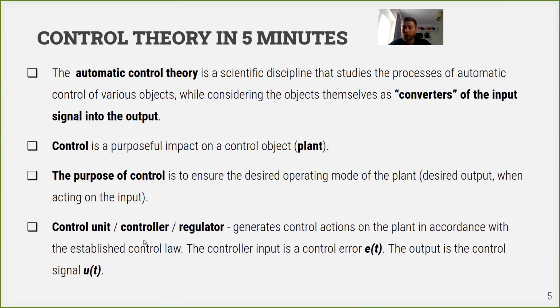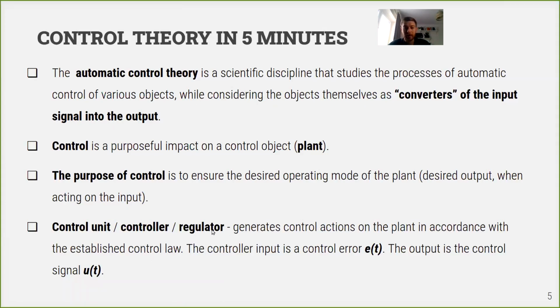And the control unit, or controller, or regulator, we will use the term regulator, is some software or module or physical device which generates control actions on the plant in accordance with some particular control law. So this thing generates input to our plant in accordance with some control law.